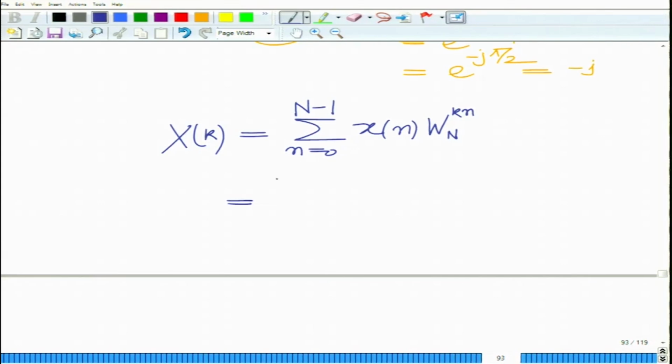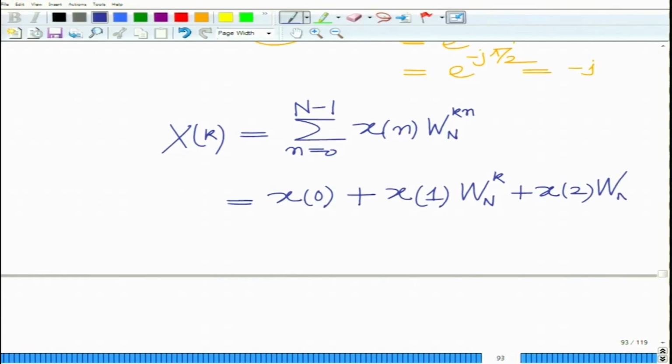So, this will be x[0] into W_N raised to the power of 0, that is 1, plus x[1] W_N raised to the power of k, plus x[2] W_N raised to the power of 2k, plus x[3] W_N raised to the power of 3k, all right. This is the expression for the DFT.